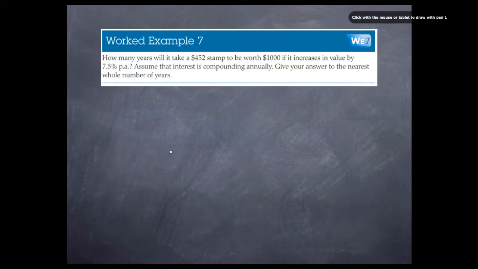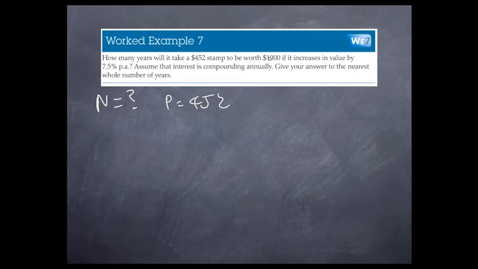Finally, in this question, we found the rate, and we have found the principal. So what's left is to find the number of periods, or the number of years. How many years will it take a $452 stamp to be worth $1,000? So the principal is 452, and the final amount is 1,000.